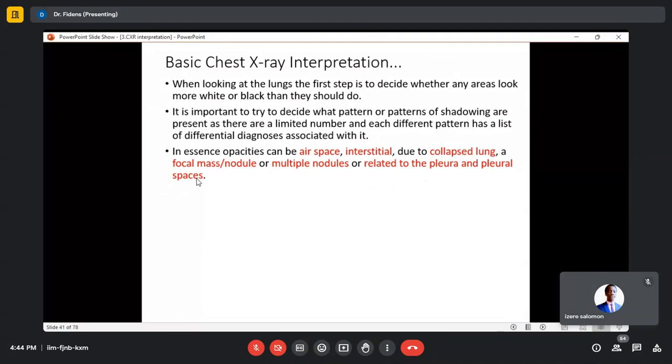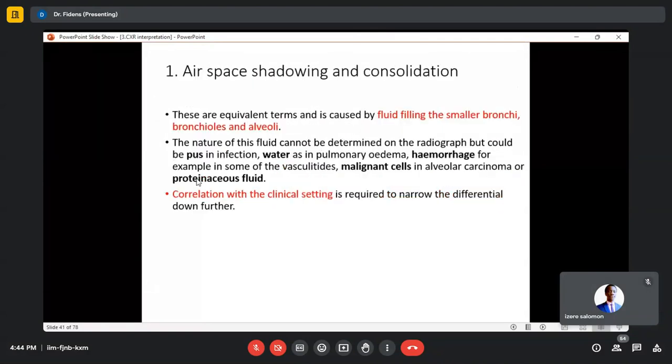So those are things we are going to see: airspace opacities, interstitial opacities, collapsed lung, atelectasis, focal mass, nodule or multiple nodules, and disease related to the pleura or pleural spaces. Okay, now we are talking about lungs. Those are lung diseases. So let us first.